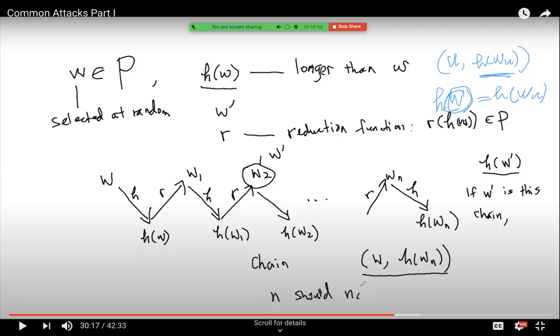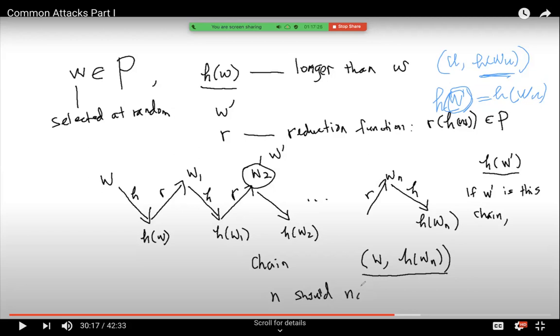We could either do it on the spot, but then you have to try all possible W prime. So that's a lot of computation on the spot. The other way is I pre-compute all possible W prime, but then again, that could be big, right? So this table would be huge. It may be so big you cannot even put the whole thing into your memory.